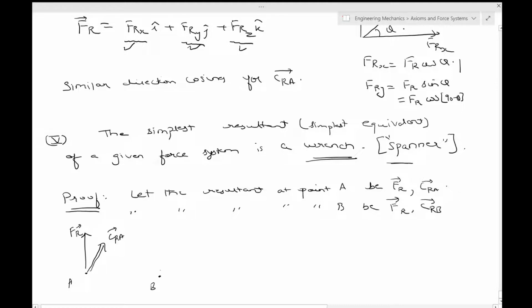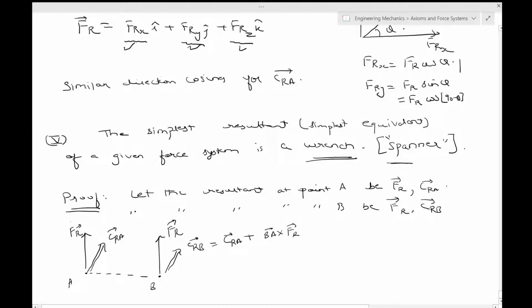B is FR, this would be CRB. Now you can obviously write CRB in terms of CRA. That would be CRA plus the contribution of the forces, which is the vector BA cross FR.